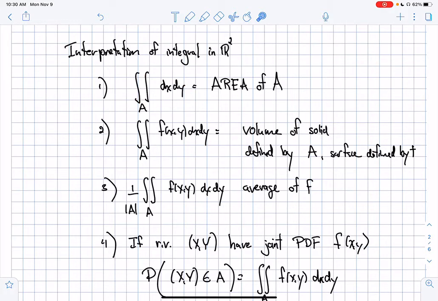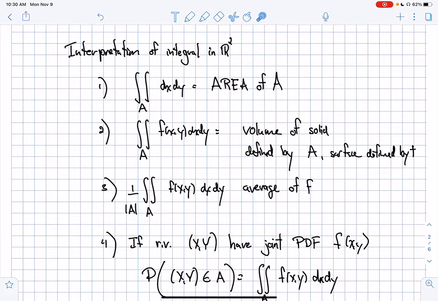One thing that is useful is that if I integrate just 1, the function 1 over the region A dx dy, what you're doing is really just summing the squares inside A, because the function is 1. So when I integrate over A dx dy, you get the area of A.